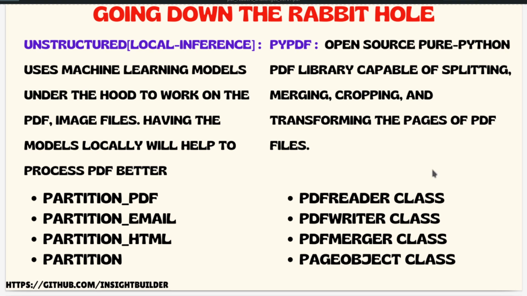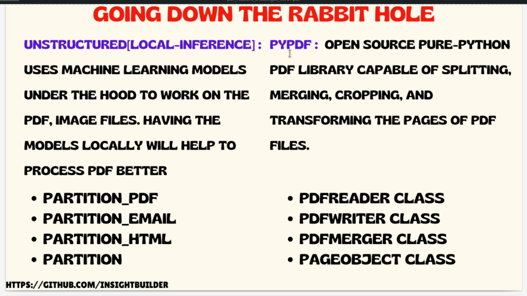The major classes you need to consider are partition PDF, email, HTML, and the regular partition option. Okay, so this is an overview of unstructured local inference. I will be going deeper into it in a moment.